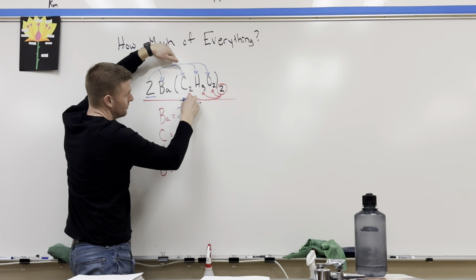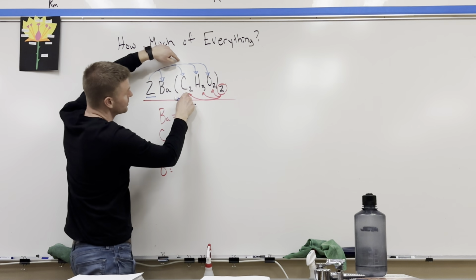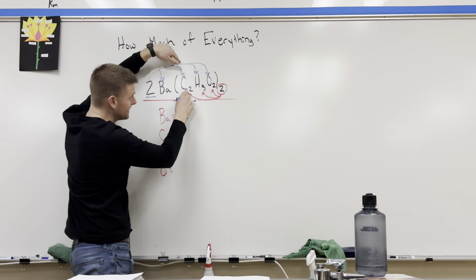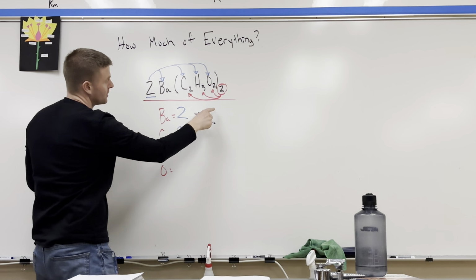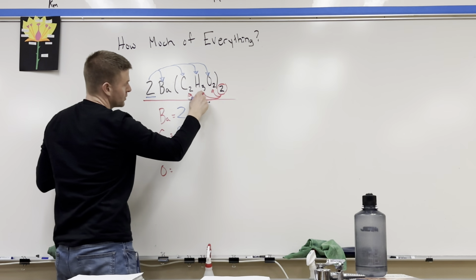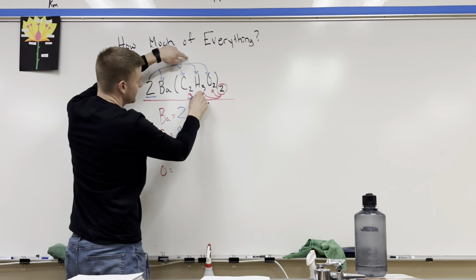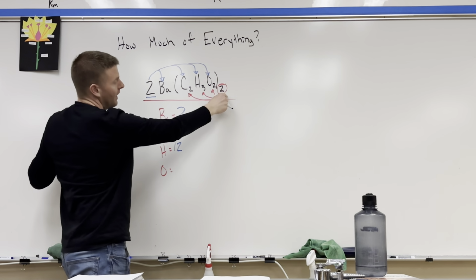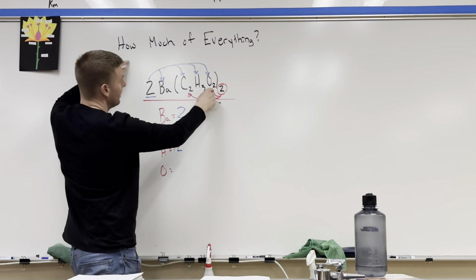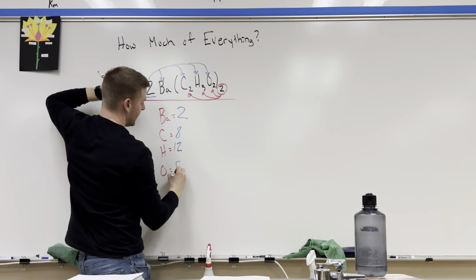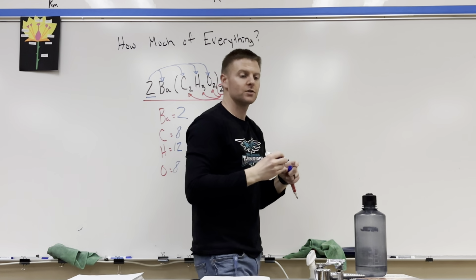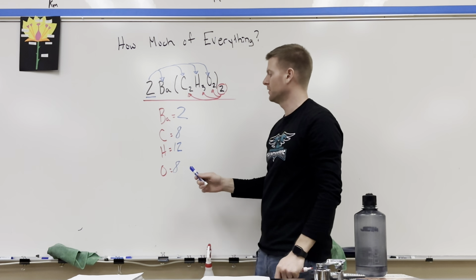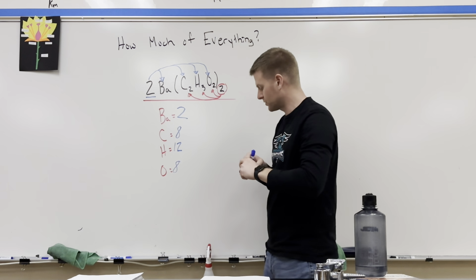Once again, we distribute this 2 in, but we also have this other 2. 2 times 2 is 4, times this 2 is 8. Now for hydrogen, we have 3 times 2 or 2 times 3, which is 6, times 2 is 12. Now for our oxygen, 2 times 2 is 4, times this 2 is 8. So that's how we end up with 2 barium, 8 carbon, 12 hydrogen, and 8 oxygen.